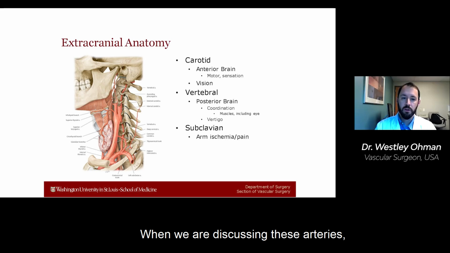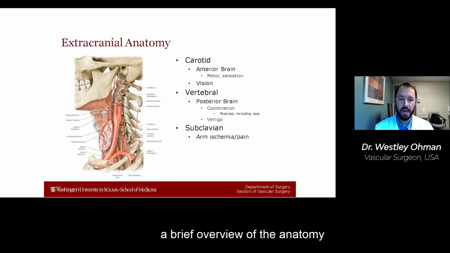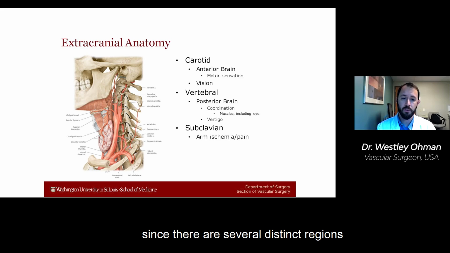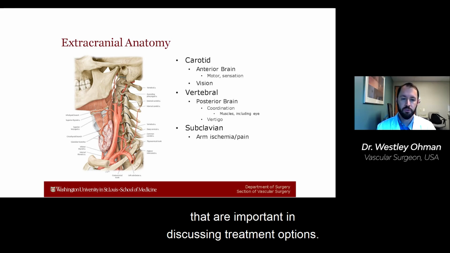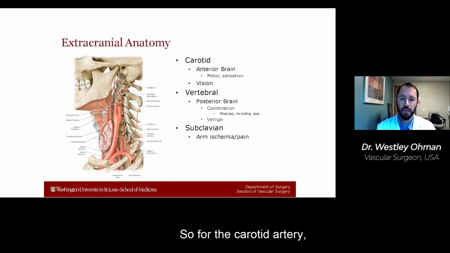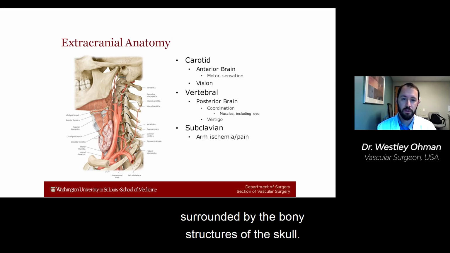All right, so when we are discussing these arteries, I think it's important to have a brief overview of the anatomy, as there are several distinct regions of each of the blood vessels that are important in discussing treatment options. So for the carotid artery, it exists in both the extracranial as well as the intracranial component surrounded by the bony structures of the skull.